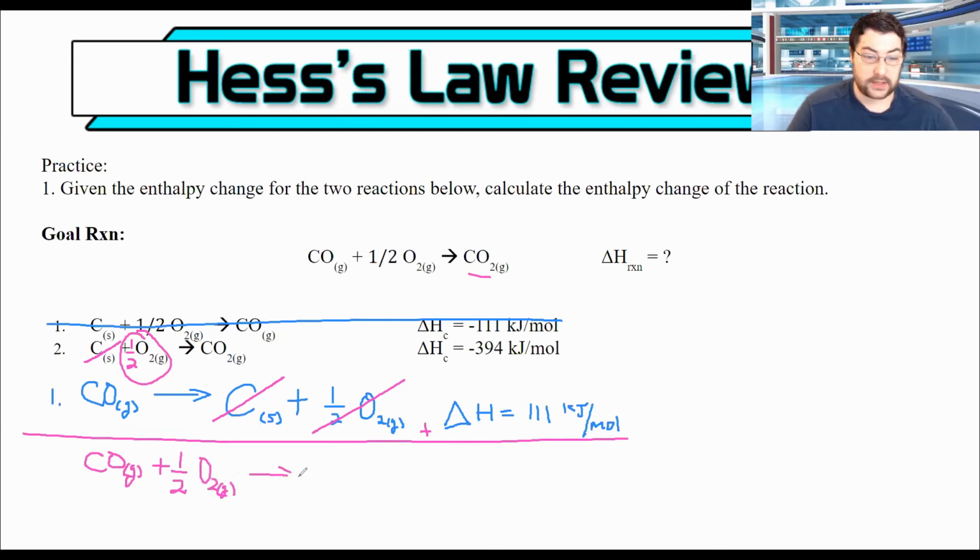And then let's see, the carbon canceled out, this 1/2 of oxygen canceled out. That means that we'll have this 1 mole of carbon dioxide that will be left on the product side. And that matches our goal reaction up here. 1 mole of carbon monoxide plus 1/2 mole of oxygen yields 1 mole of carbon dioxide.